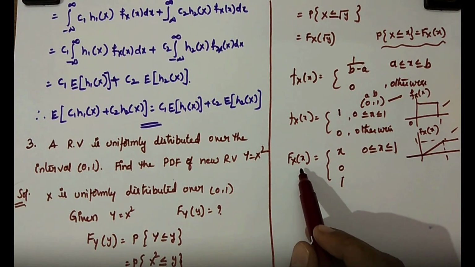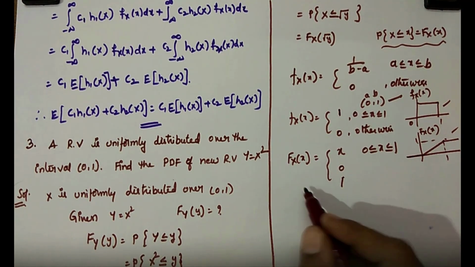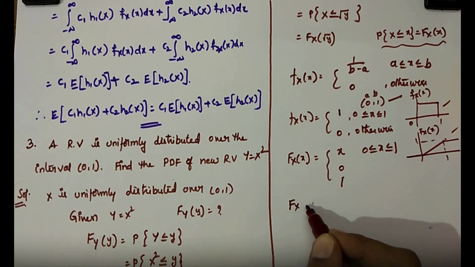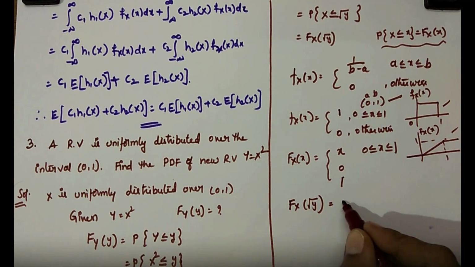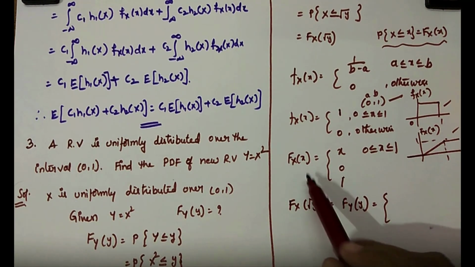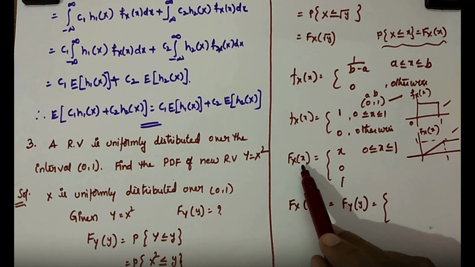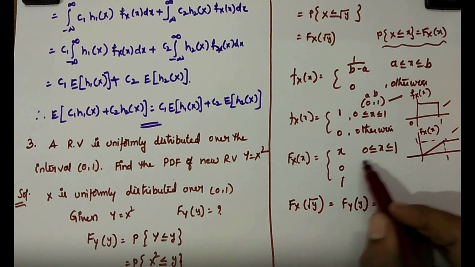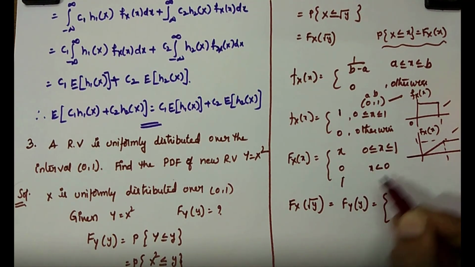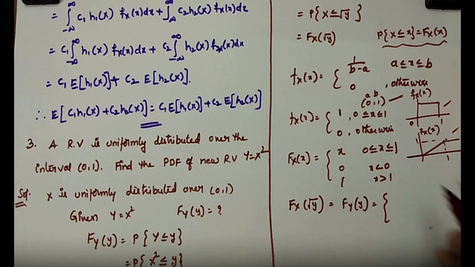So what is this? This is fx of x. Now what is fx of root y, which is nothing but our fy of y. Simply, here it is fx of x. Distribution function of the random variable x is x between 0 and 1. This 0 is for x less than 0 and 1 is for x greater than 1.